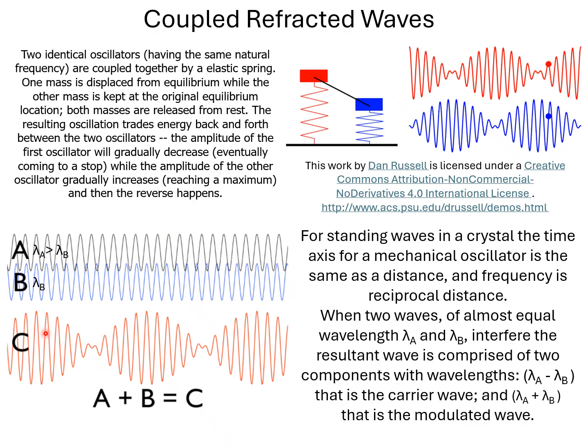If you superimpose two waves which have slightly different wavelengths, you end up with a situation like this, for which there are two solutions for the wave equation. So you're essentially plugging this thing into that and coming up with a more complicated result.